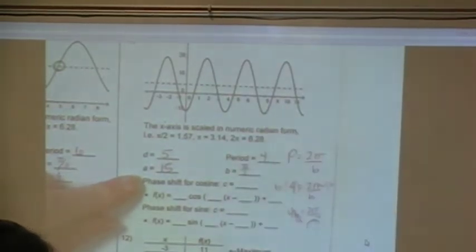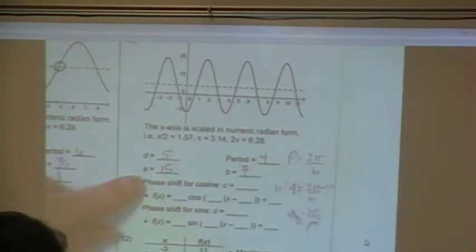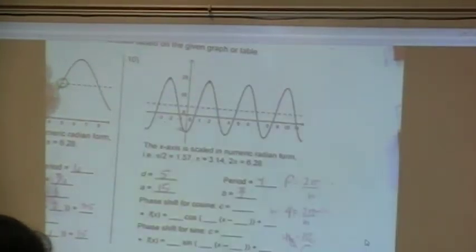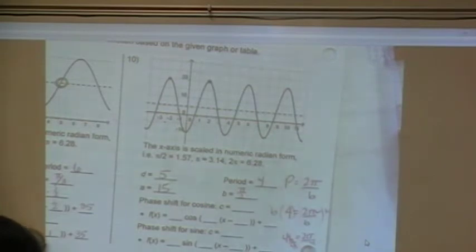Alright, so I'm looking for a phase shift for cosine. So I need a peak. Now in this case, I have 2 peaks that I could use, this one or this one. It doesn't matter which one you use. They are symmetrical, exactly the same distance from the y-axis.